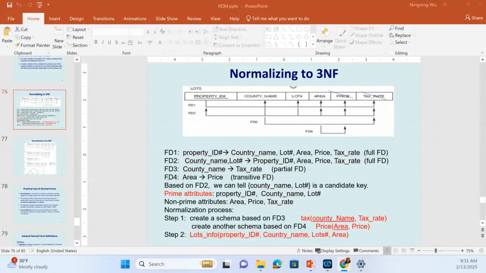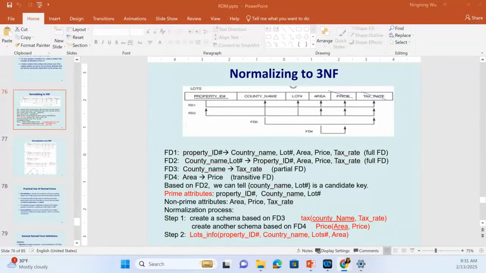Then we also have 4 functional dependencies defined on this schema. So we need to evaluate each functional dependency to categorize them as either full, partial, or transitive. Now we have two full functional dependencies. Full functional dependencies are good ones. Then the partial or transitive functional dependencies are not good ones.